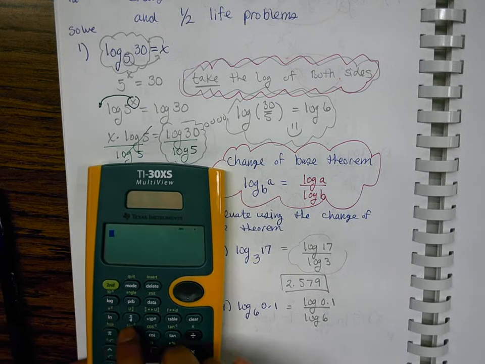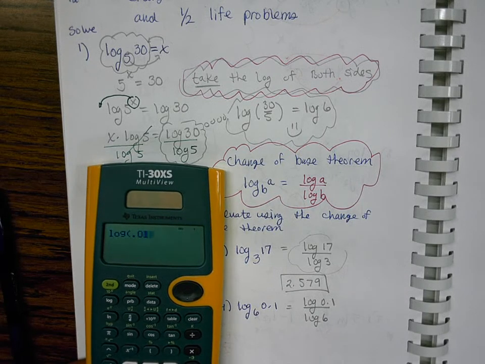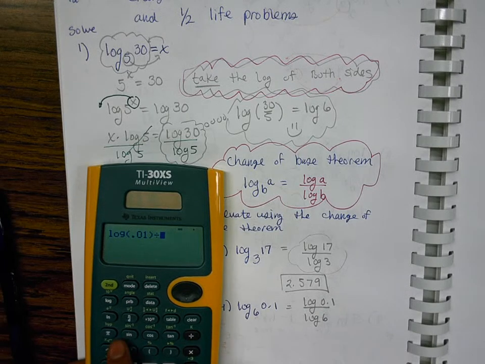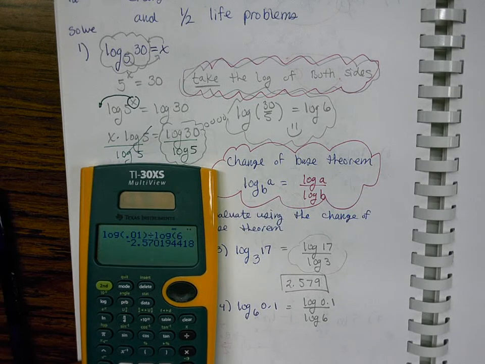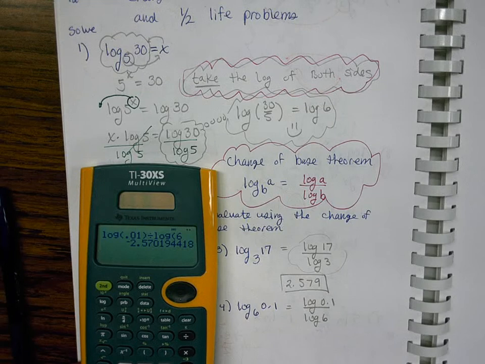And you plug it in your beautiful calculator. Clear, log 0.01, close parentheses. Don't forget to close. Divide log of 6. 3 decimal places. Negative 2.50.